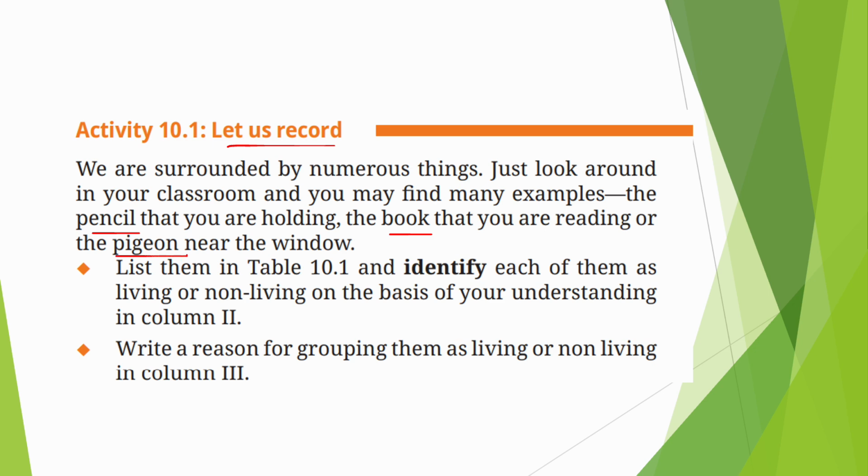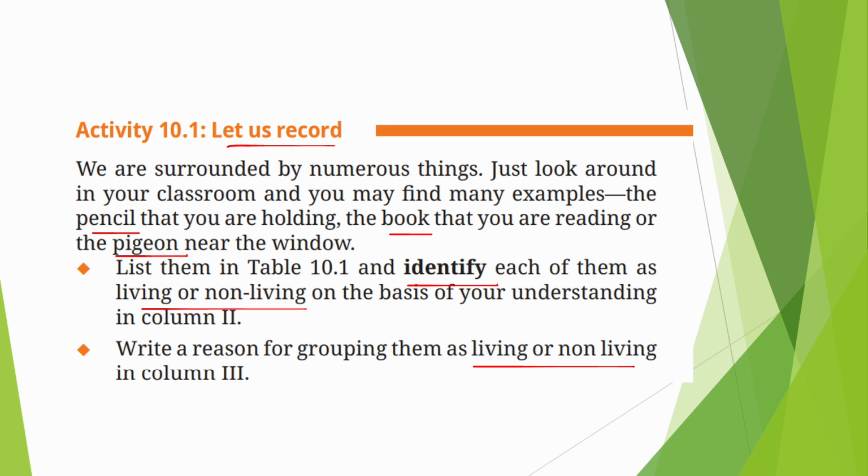You can see so many things. List them in Table 10.1 and identify each of them as living or non-living on the basis of your understanding in column 2. Write a reason for grouping them as living or non-living in column 3.